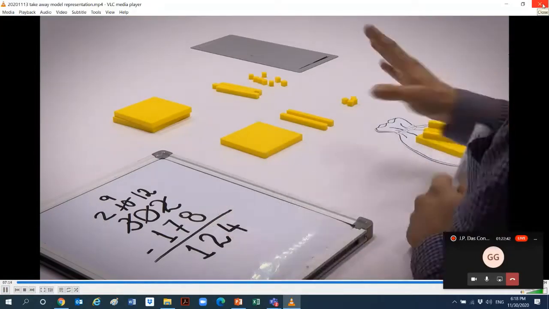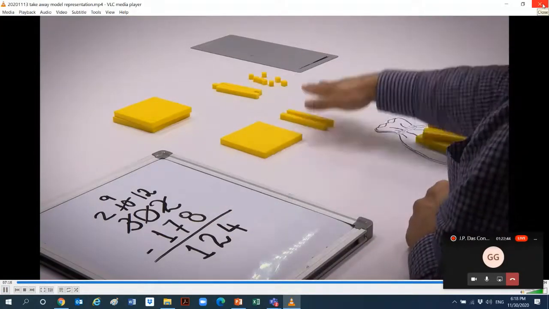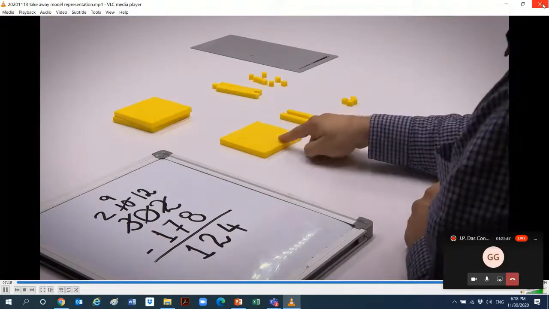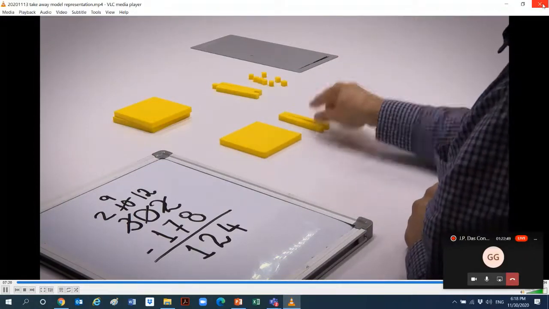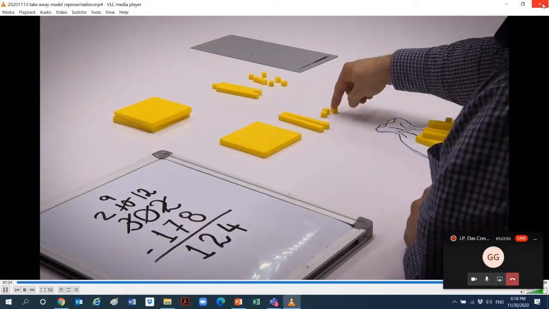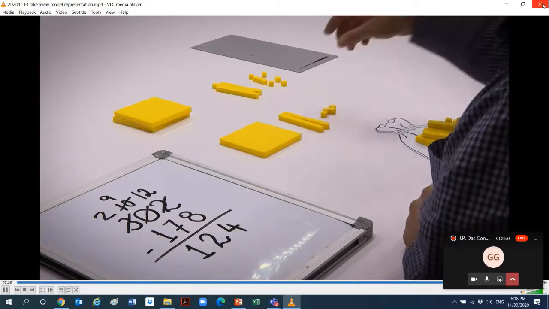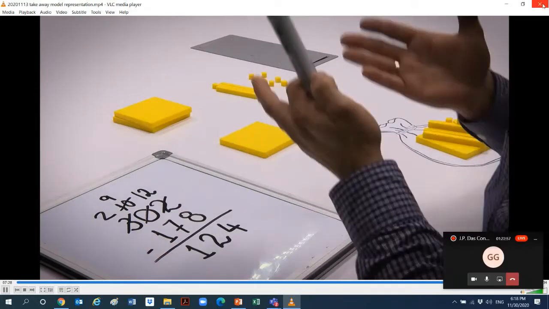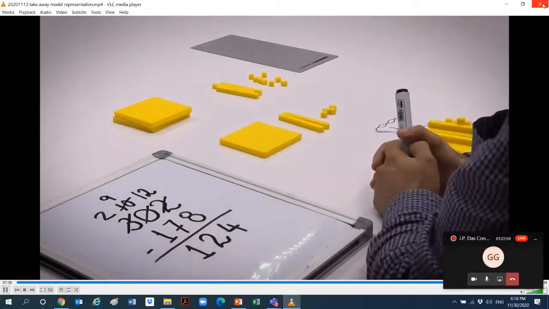And what's the difference? 124. 100, 110, 120, 121, 122, 123, 124. So this is how the numbers match with my cubes.